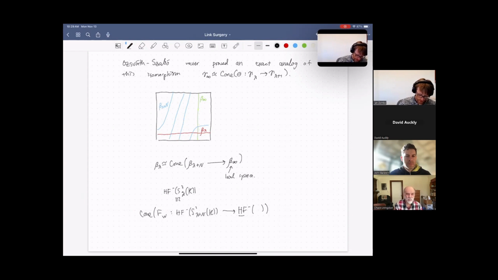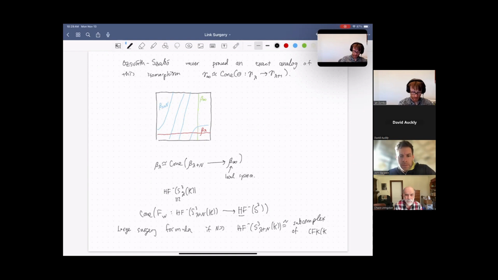The next ingredient is they use a large surgery formula, which says that if n is very, very big, then HF minus of S3 lambda plus n of K is isomorphic to a subcomplex of the knot Floer complex, CFK of K. So there are two ingredients here that they used.